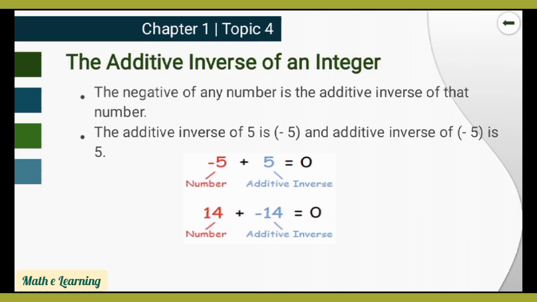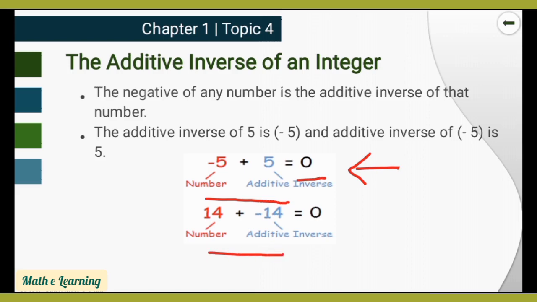And in this example, it is shown that -5 and its inverse is 5. By adding a number and its additive inverse, we always get 0 as the answer.